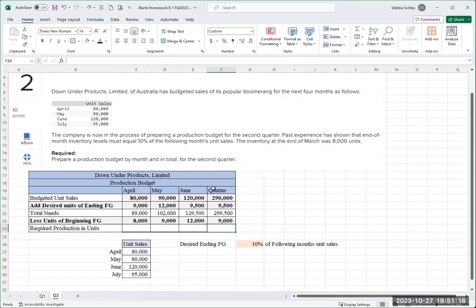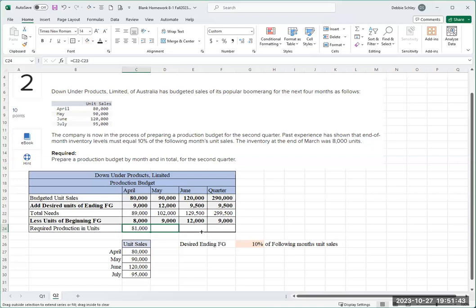Sometimes in some problems, this is a year column, so then it would be January and December if it was a year, but this is a quarter. So it's April and June. Okay. And then that's subtracted. So it's this minus this.